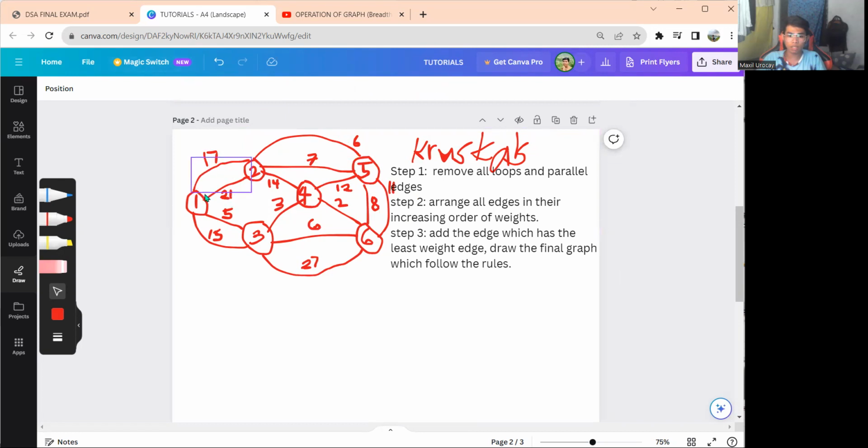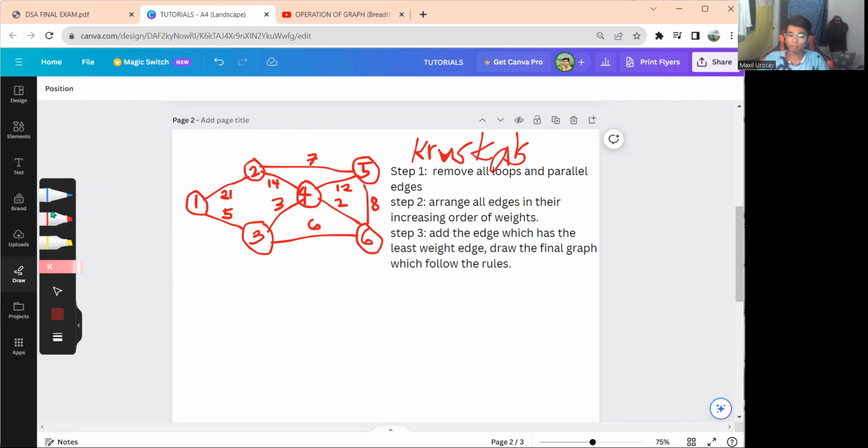17, duplicate 1 is to 2, 1 to 3, 3 to 6, and 5 to 6 is definitely considered as a loop. So we need to remove those things. In your test paper, in your answer, you need to show step 1.